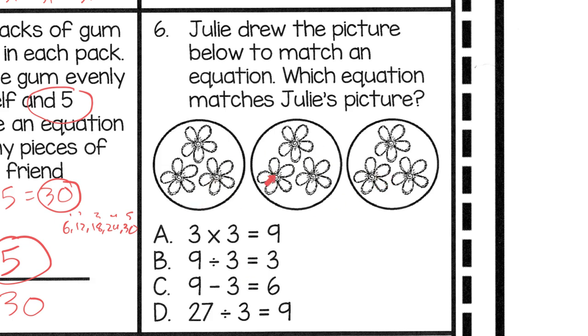So I'm going to say probably not to that. 27 divided by 3 is 9. Yeah, if I divide 27 into 3 equal groups, I get 9, but I don't see 27 flowers here being divided into 3 groups. So if I were to choose one of these, I would probably choose, well, actually, I'm going to let you solve that one on your own.